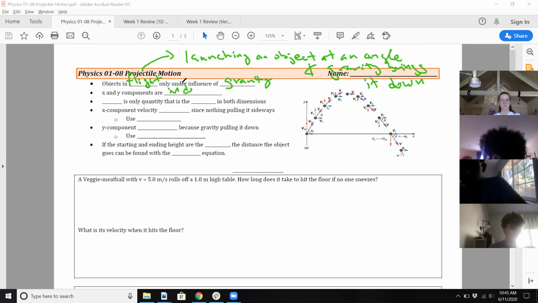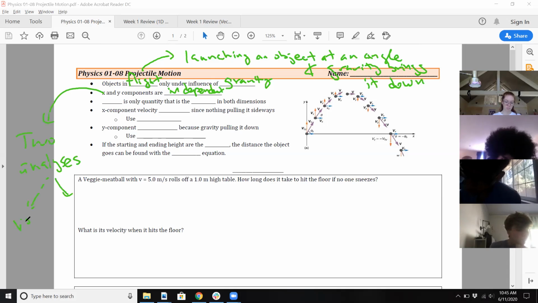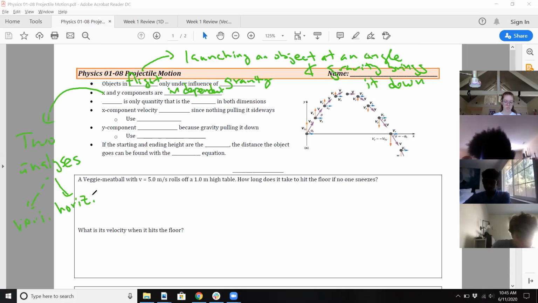So what this means, you have to do two analyses: a vertical and a horizontal. We must do two analyses. Time is the only quantity that'll be the same for both.